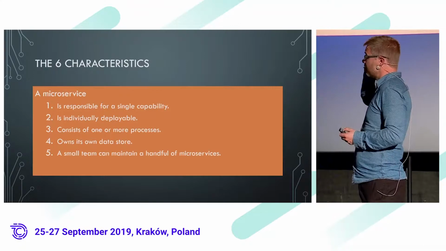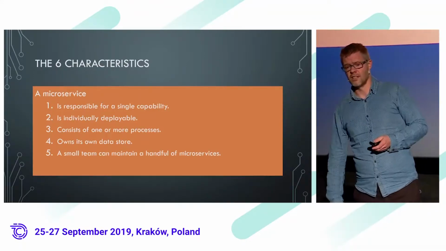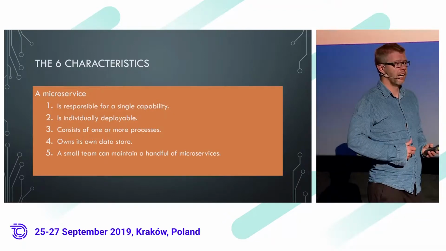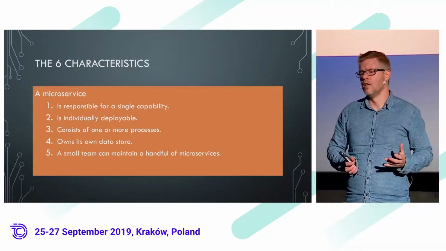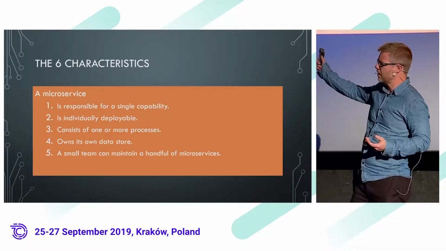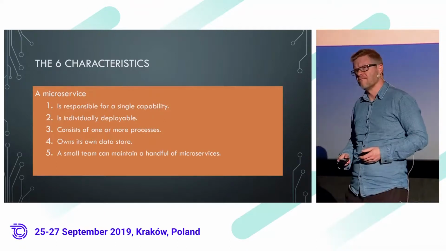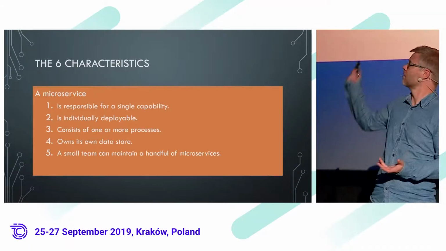And this one is the one that's about the size of it. Typically a small team, so that could be a Scrum team of about 5 people, can maintain a handful of services. That's what I set up there, and that's what I've said in the book. But this is one of the places where I disagree a little bit with myself, that it's probably more than that.